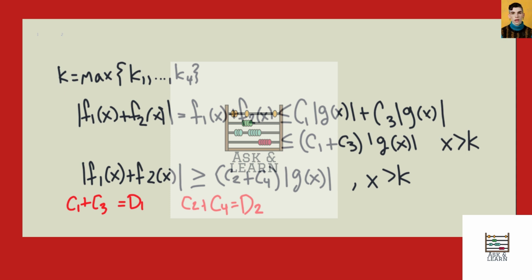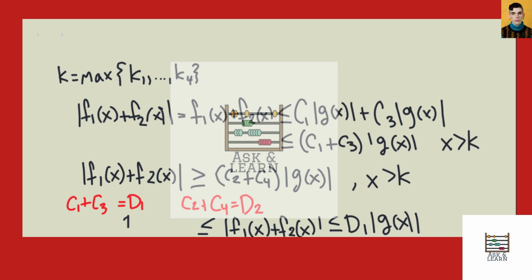Then we get that the absolute value of f1 plus f2 is both less than or equal to some constant D1 times g, right, so this means it's big O, and it's also greater than or equal to another constant D2 times g, which means it is big omega, and therefore it is big theta, right?